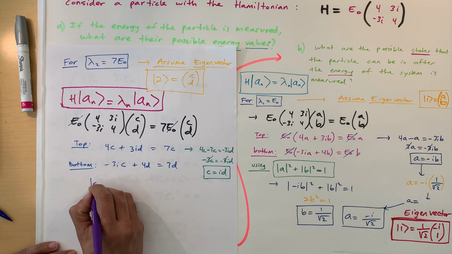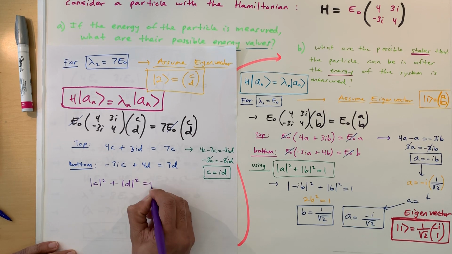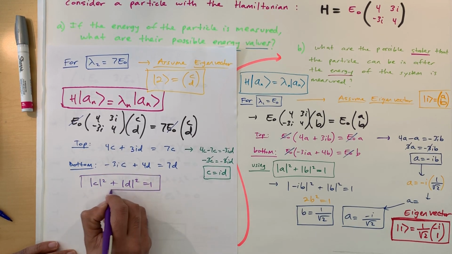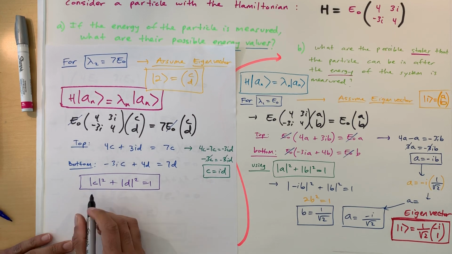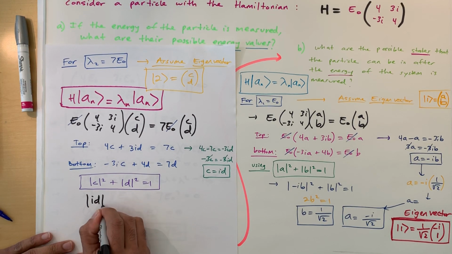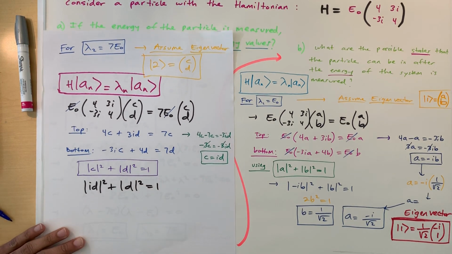And we got here the absolute value of C squared plus the absolute value of D squared equals 1. All right, and let's see. Let's plug in this C in here. We get i D squared plus D squared equals 1.